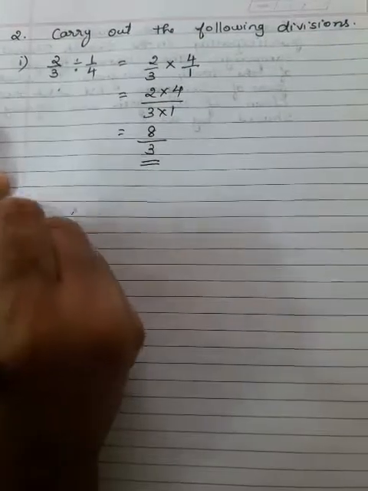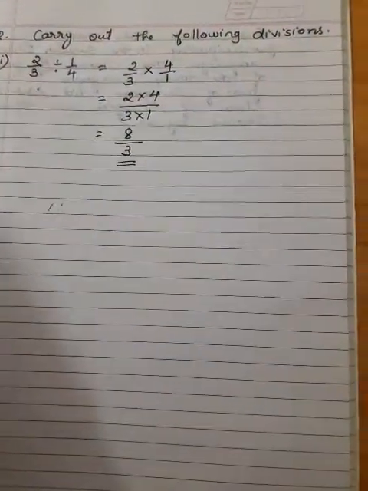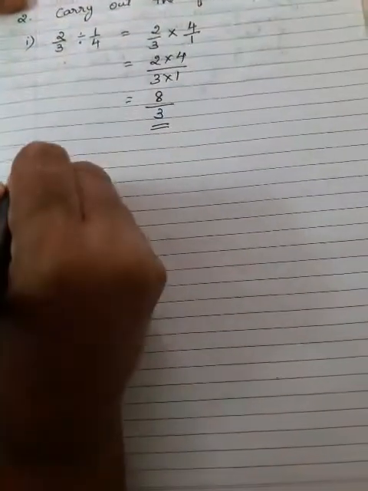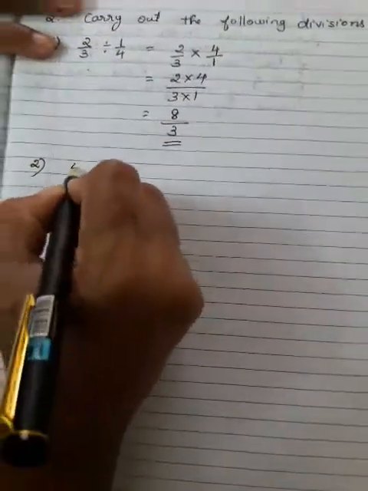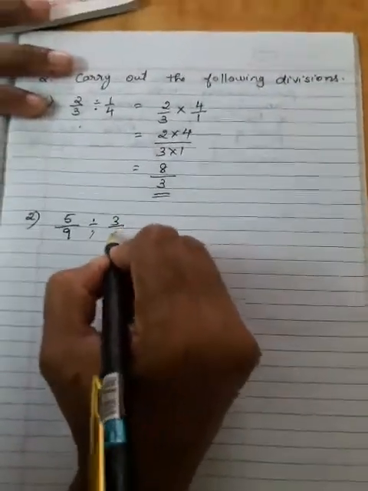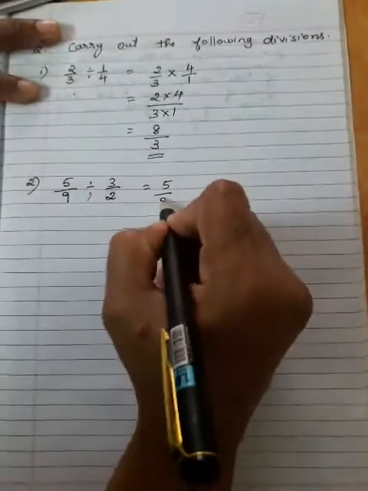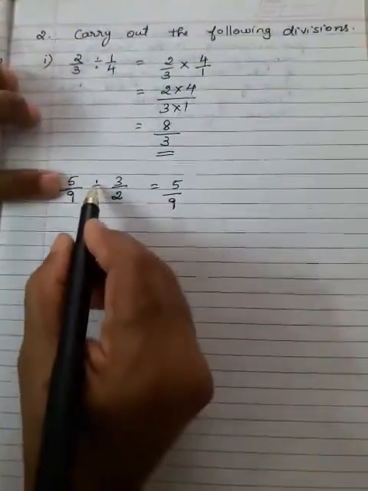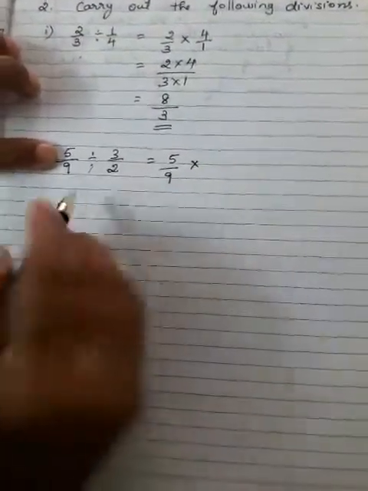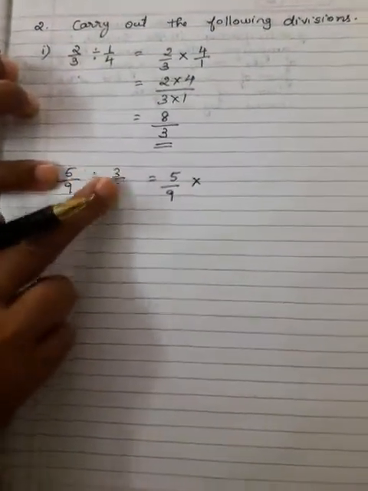Now the next question. 5 upon 9 divided by 3 upon 2. So how to divide this? First write the first fraction as it is, 5 upon 9. Here instead of the division sign, multiplication. Then write the reciprocal of the second fraction, 3 upon 2.